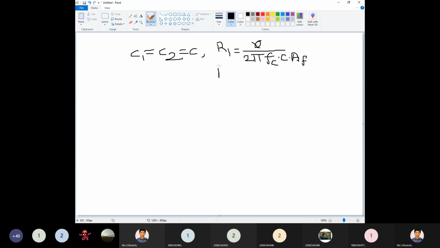R2 equals Q by 2 pi Fc into C into (2Q square minus AF).